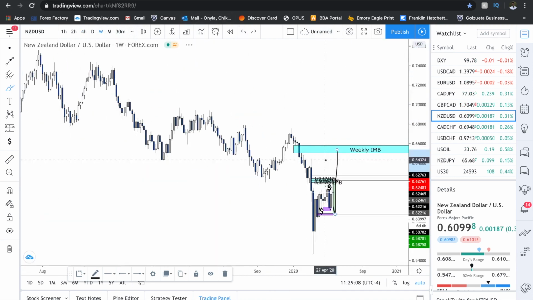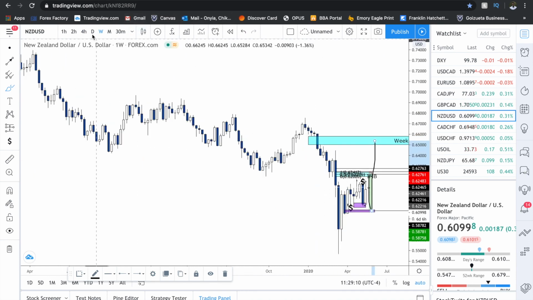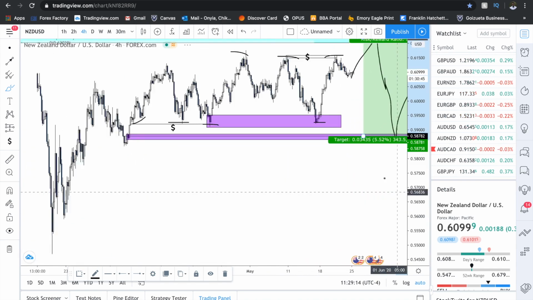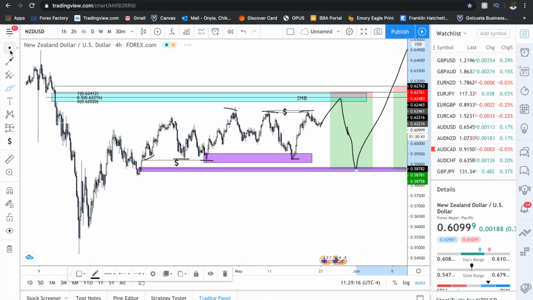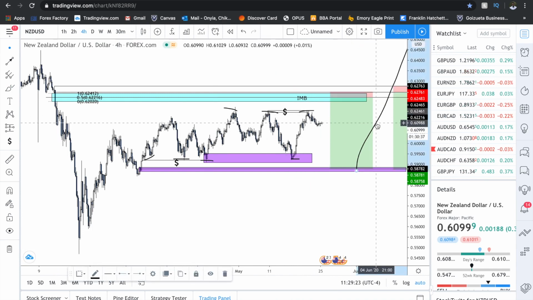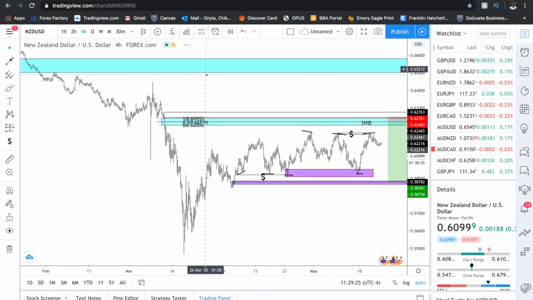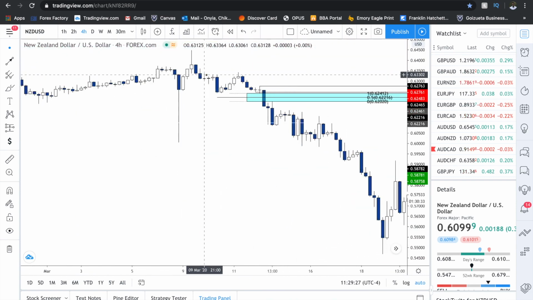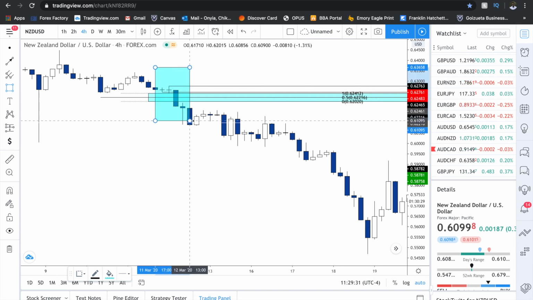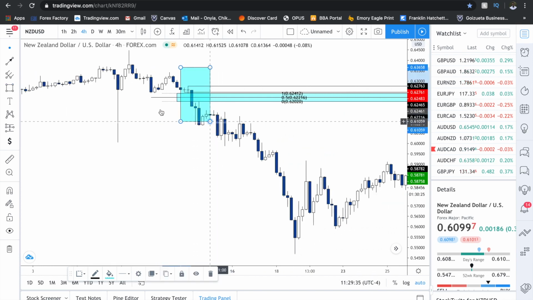Another target you could potentially see for the shorts, on the 1-hour time frame, actually. Another target I'd like to see on the 1-hour, around this particular area. I'm going to go ahead and highlight it. Around here, which is where the 4-hour imbalance is.